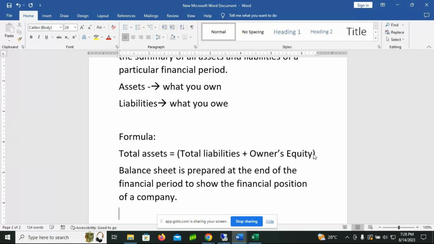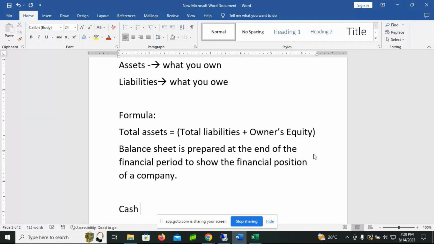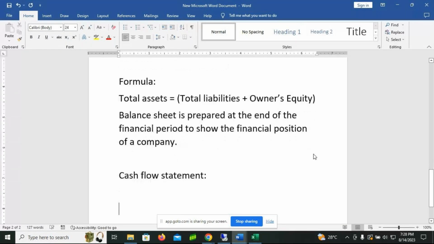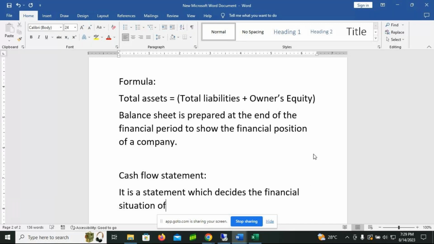And let's go for the cash flow statement. It is a statement which decides the financial situation of a company.